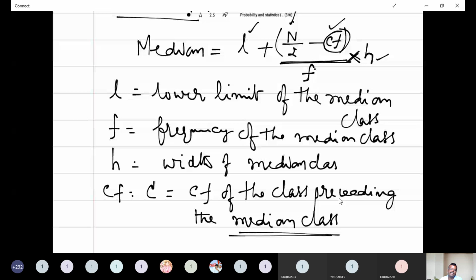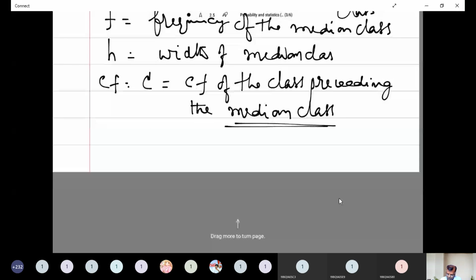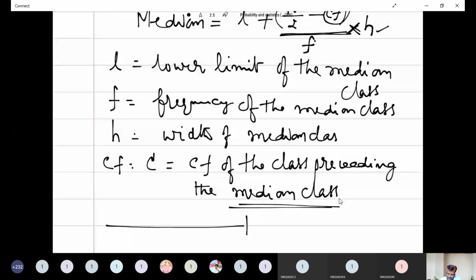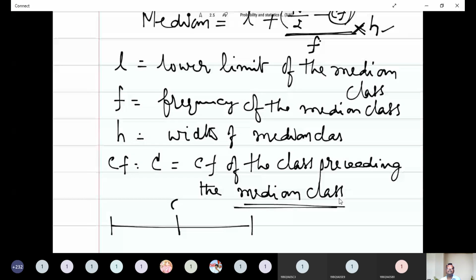For continuous frequency distribution, we have to divide the values into two parts. This is the median. Suppose we are going to divide this entire segment into 4 parts by 3 lines. Total frequencies divided into 4 parts.